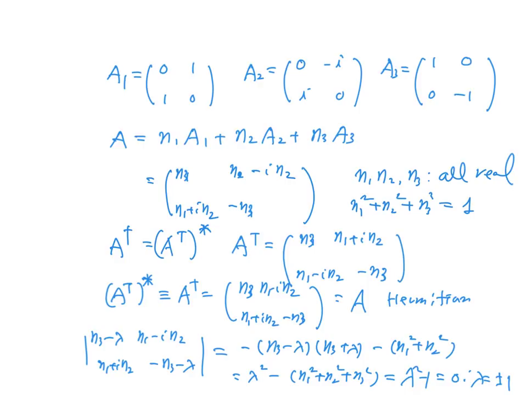And the final question is to find the outer product. Say lambda plus is plus 1, lambda minus is minus 1, and these are normalized eigenvectors.